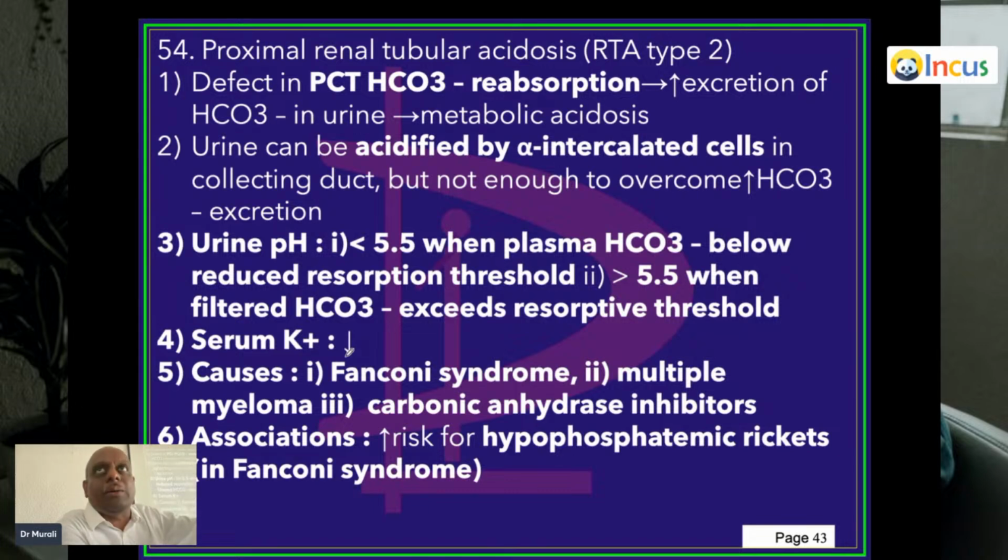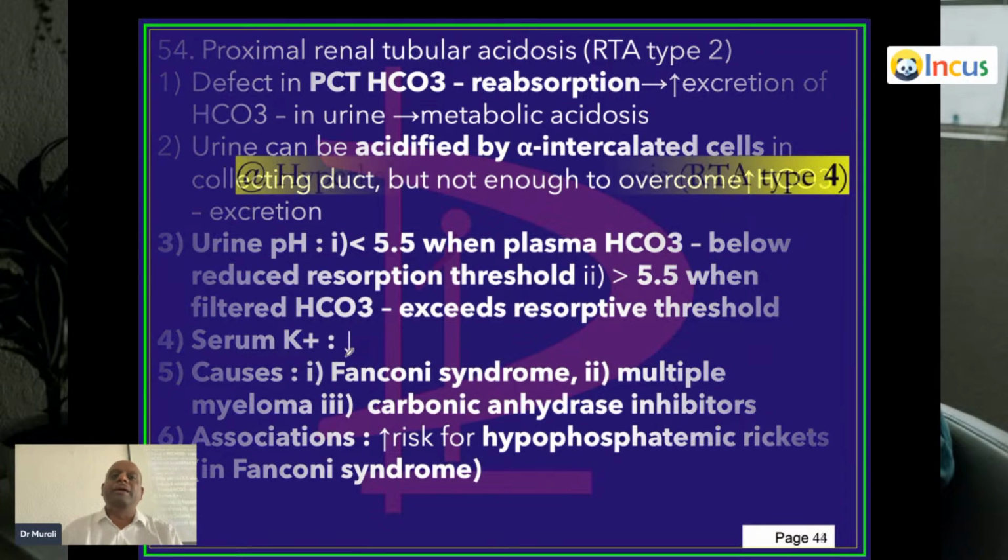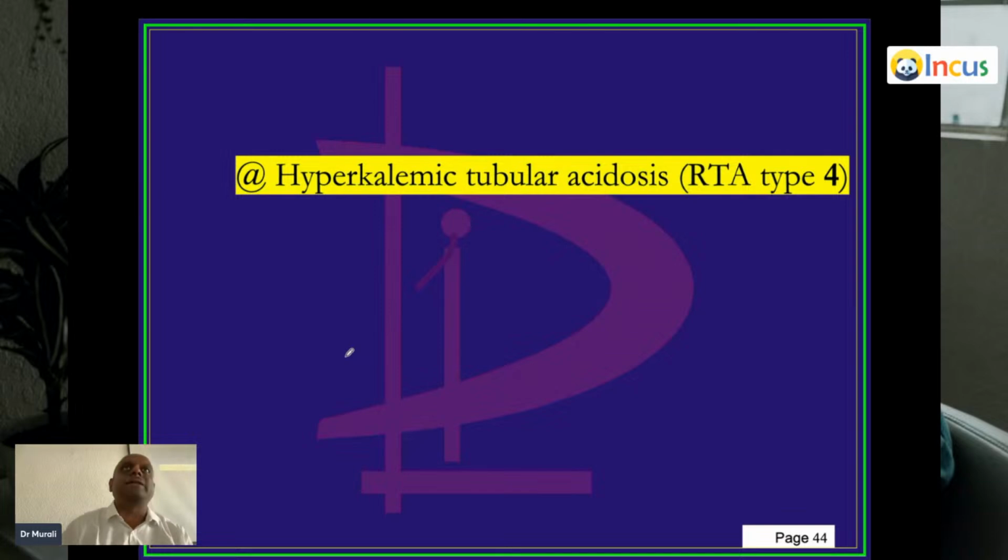The moment you give a carbonic anhydrase inhibitor, bicarbonate cannot be captured in the form of H2CO3 to get reabsorbed. That's the reason bicarb is lost into urine, and carbonic anhydrase inhibitors lead to proximal renal tubular acidosis. And there is hypophosphatemic rickets. Already we answered.